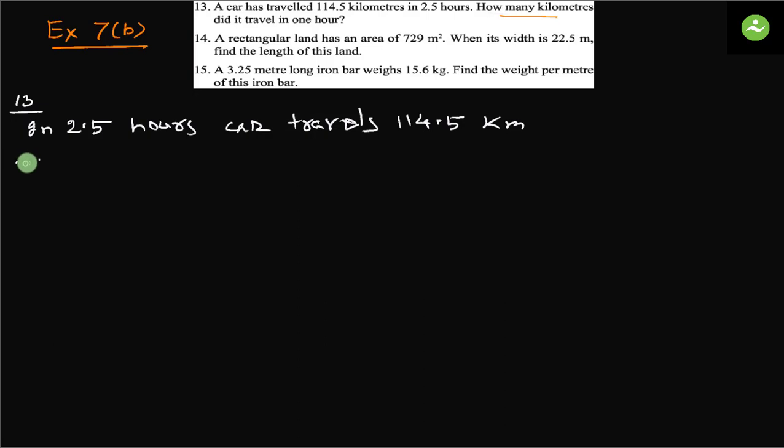Therefore, in 1 hour, car travels 114.5 divided by 2.5. The unit will be kilometer.